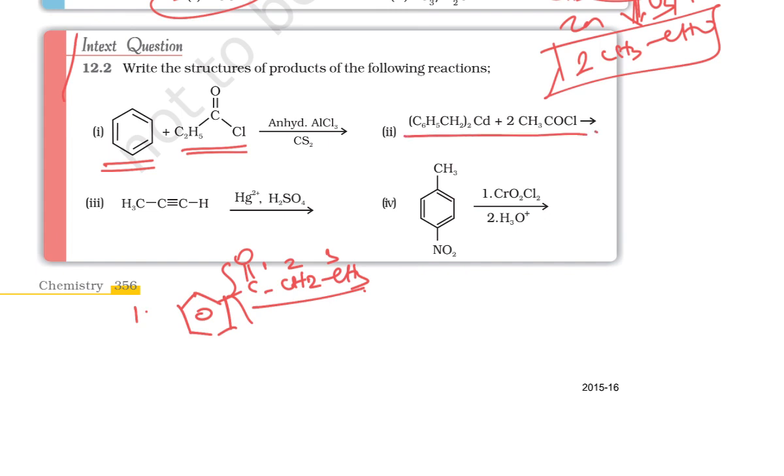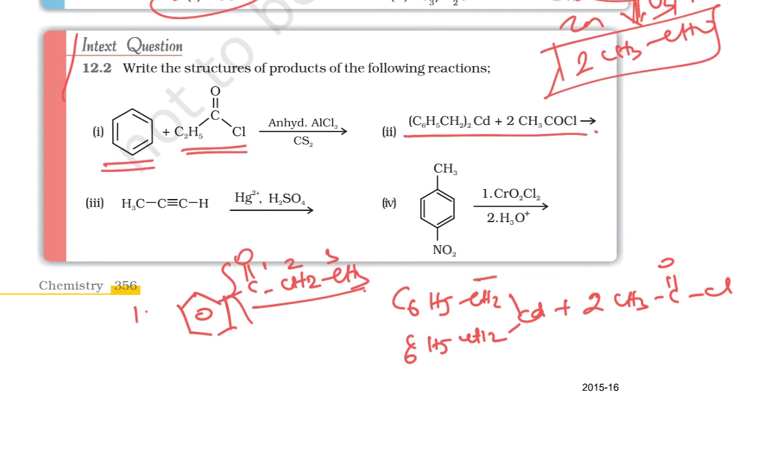Next, this is your cadmium chloride, right? So benzyl, C6H5 CH2, C6H5 CH2, this is cadmium, right? So this is 2 CH3 C double bond O Cl, clear?